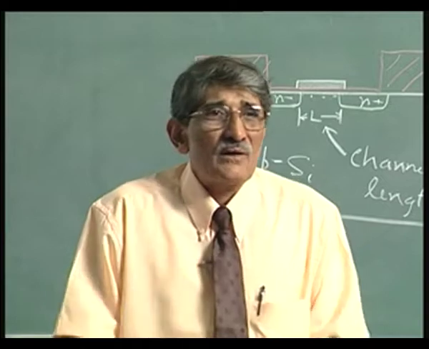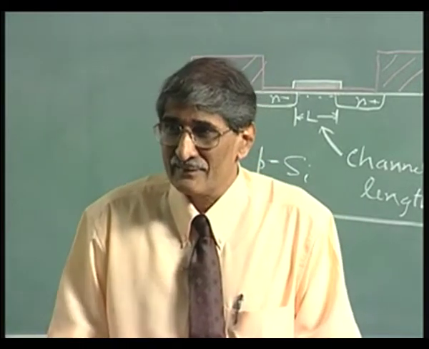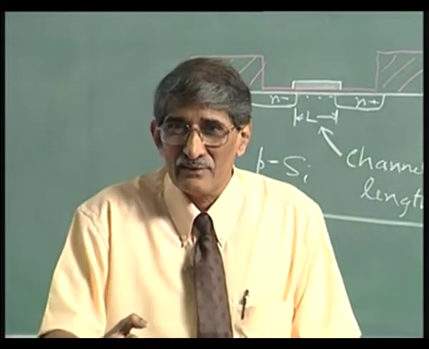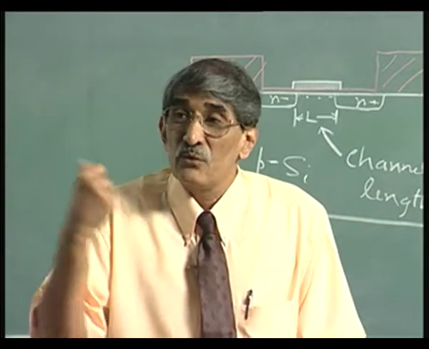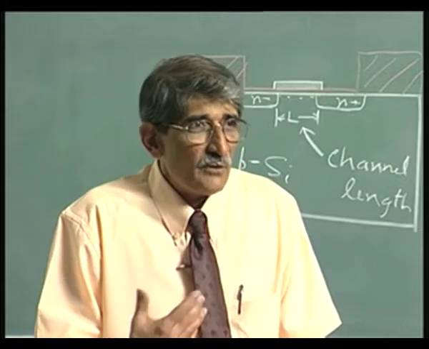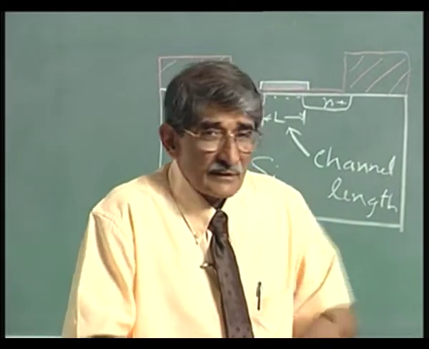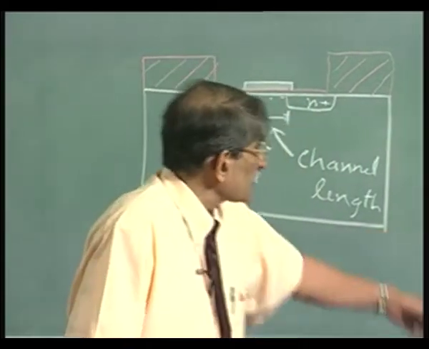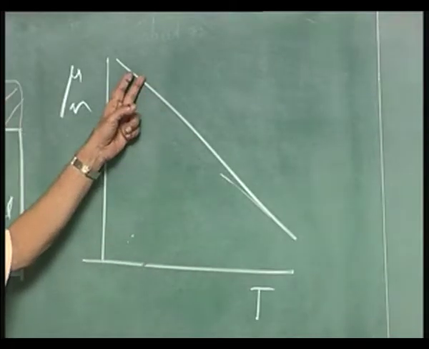Where do you talk of mobility if there are no electrons which are moving? They are frozen, whereas if you go to materials like gallium arsenide, you will see there is no freezing effect. So, carriers are available, you can separate from the donors and you can go right up to this curve here to get better mobility.